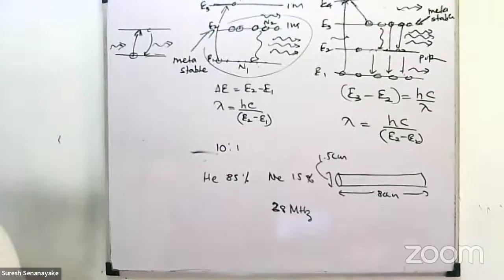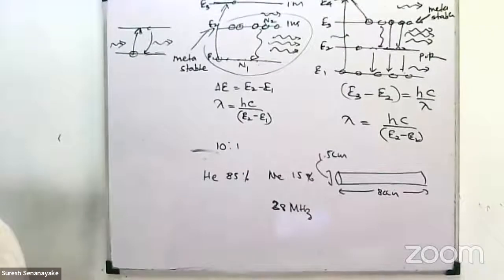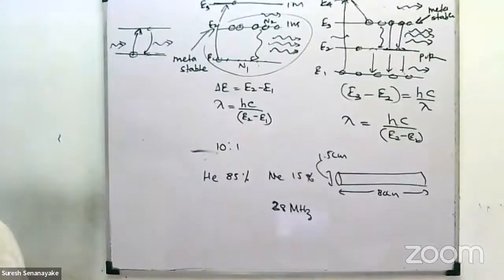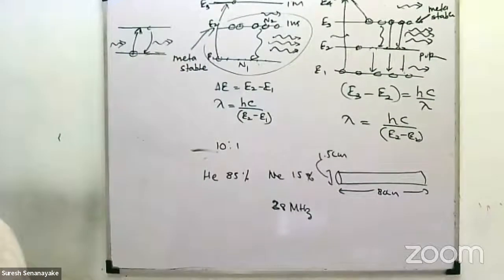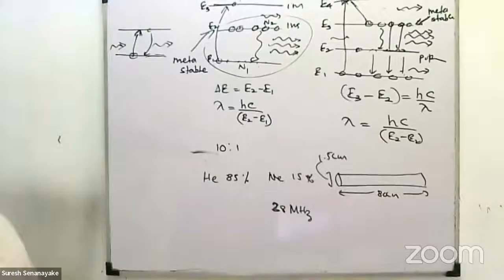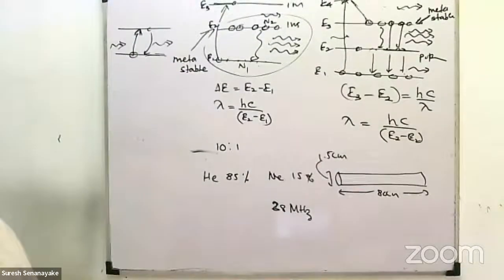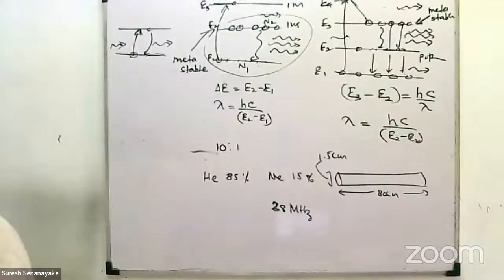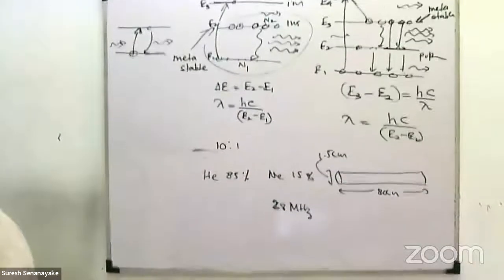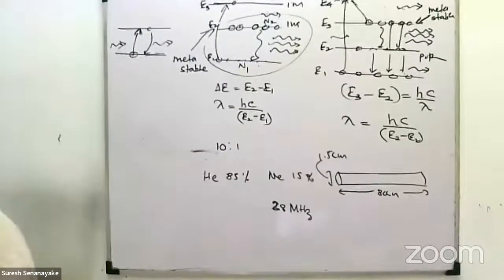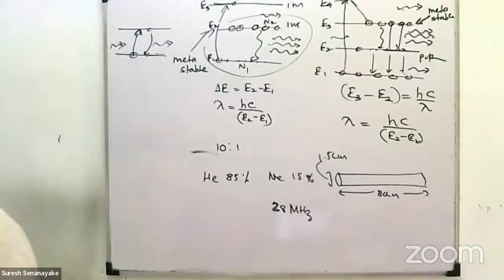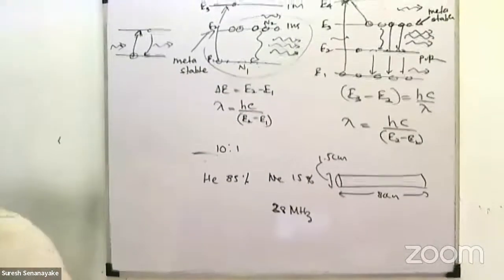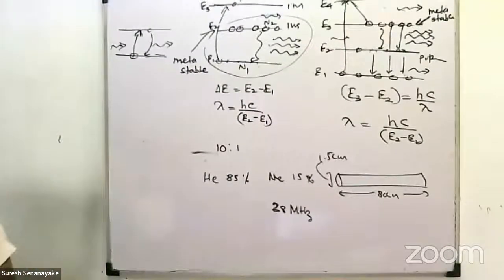The electrons collide with the helium atoms, excite them to the metastable states. Okay. In the diagram they are F2 and F3.